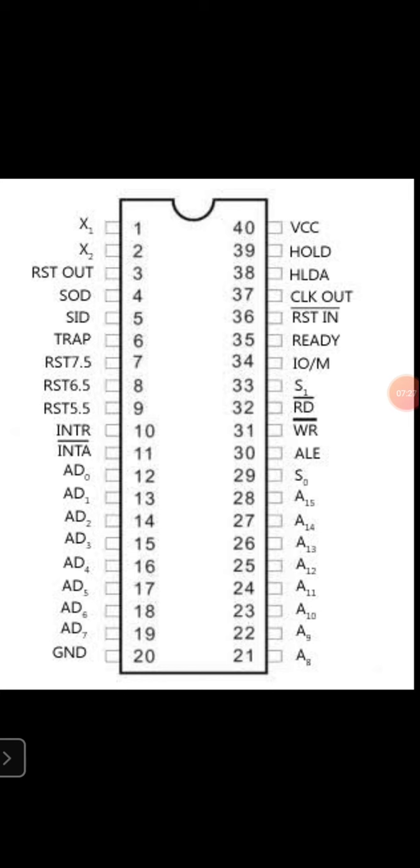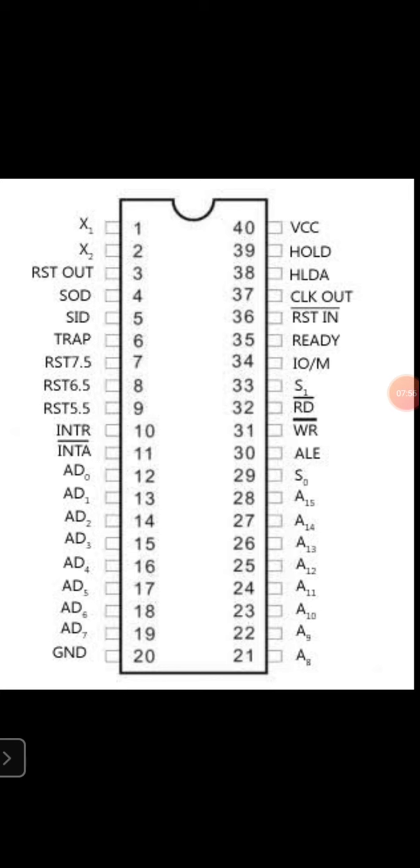Active low signal means that when the signal is low, then only the pin can activate. Any pin with a bar indication is an active low signal.